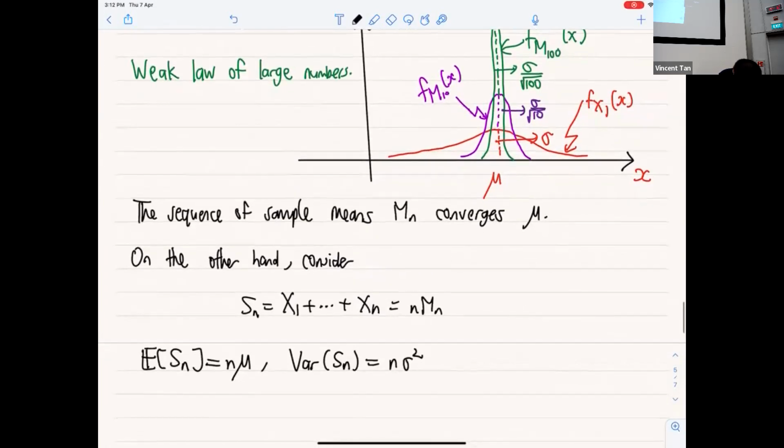So the sum diverges. Diverges means becomes very, very large. Diverges to infinity. It does not converge to anything.